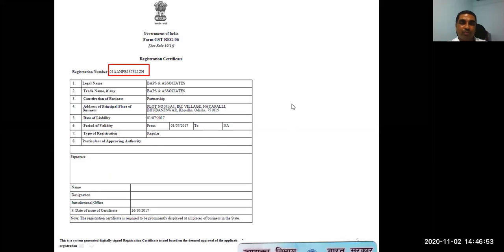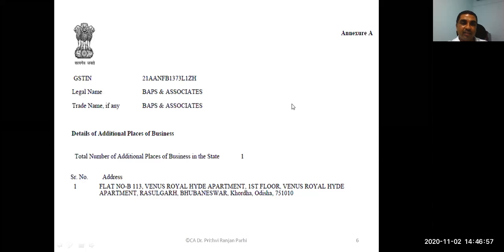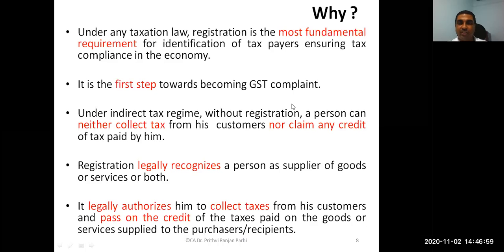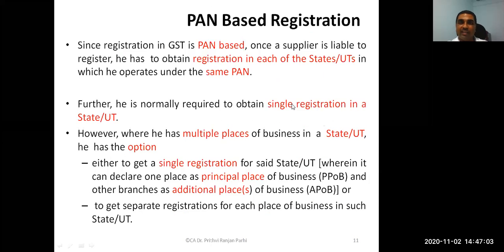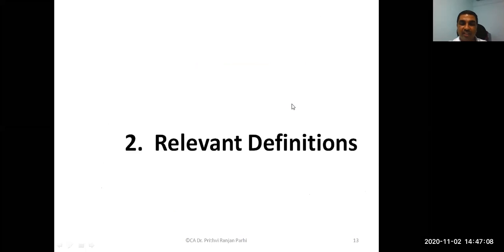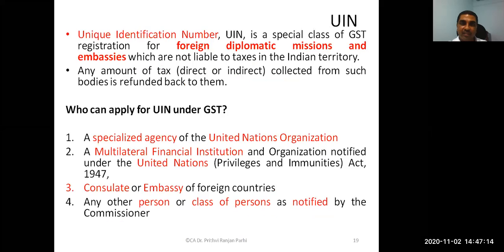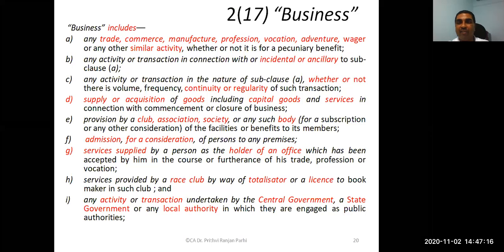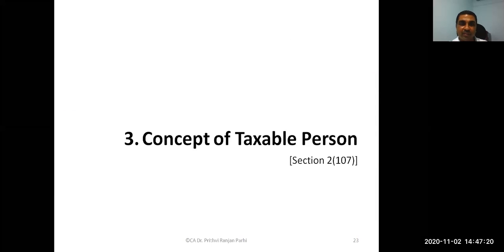I had shown you how a registration certificate looks, how it is linked to a PAN card, why registration is necessary. We have understood the advantages, and we know state-wise registration is necessary. Some definitions relevant to the registration process you had also learned earlier.